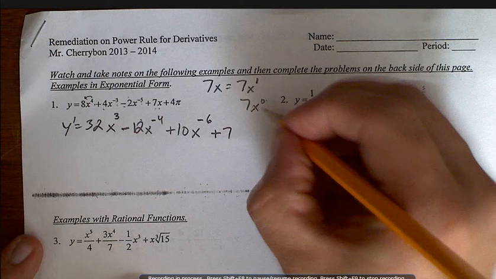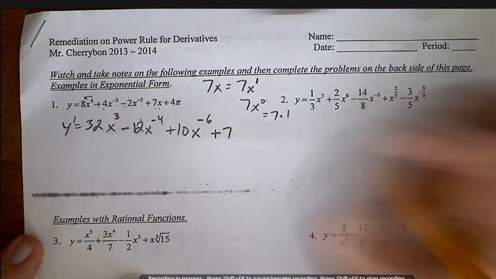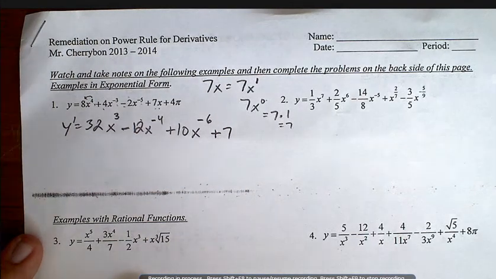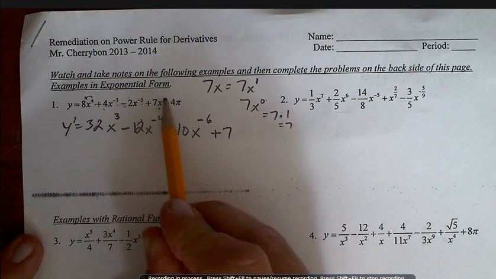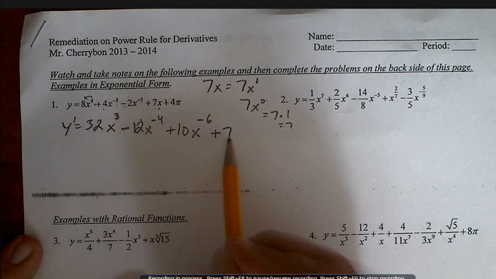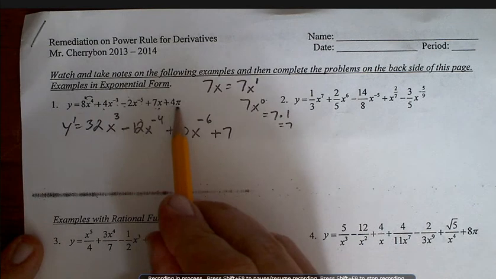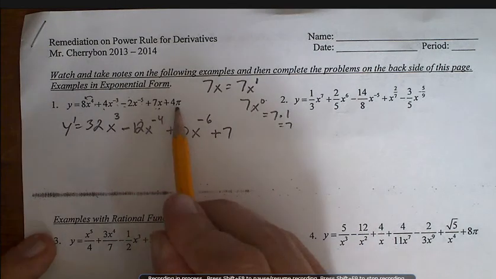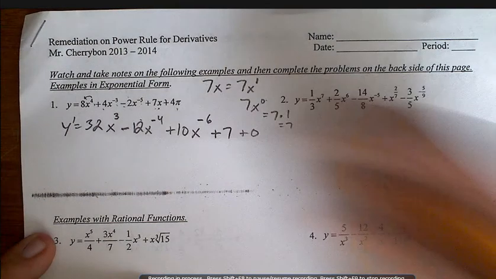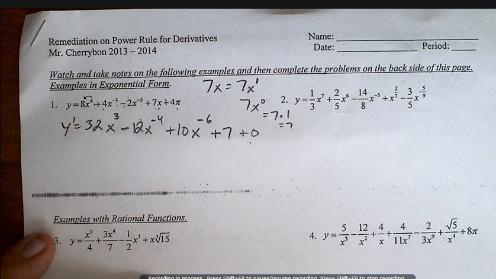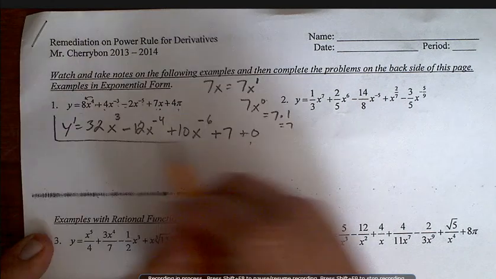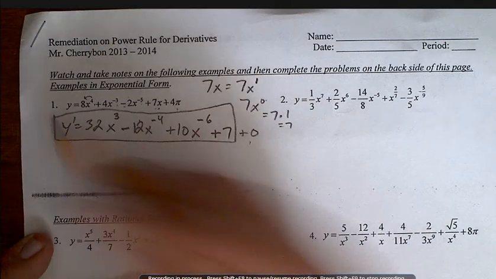So that's why whenever you have a number times x with no other power besides 1, the x just goes away and you get 7. The derivative of a constant, which is 4 pi, is always 0. So derivative of a constant is 0. Now when it is 0 like that, you don't have to put it. I'll just do it for this example here. And then that's your final answer. Again, it's in exponential form because there are no radicals and x isn't in any denominator.